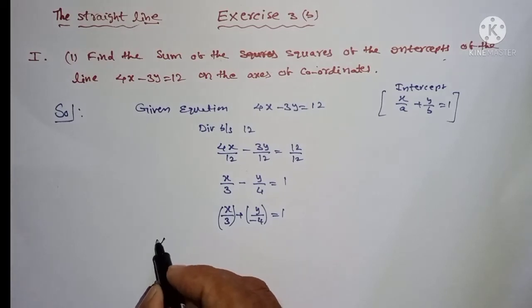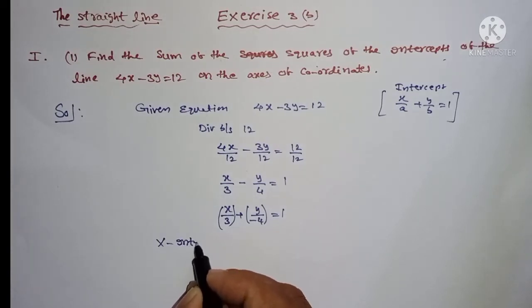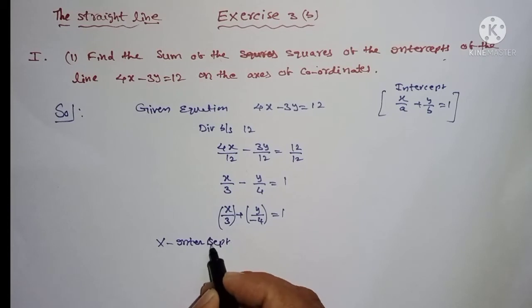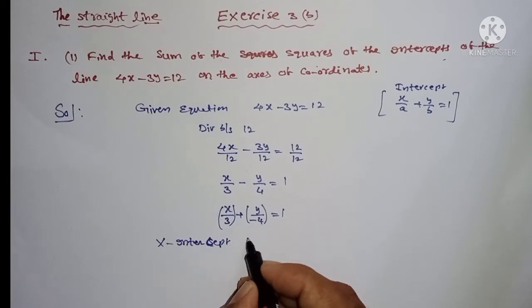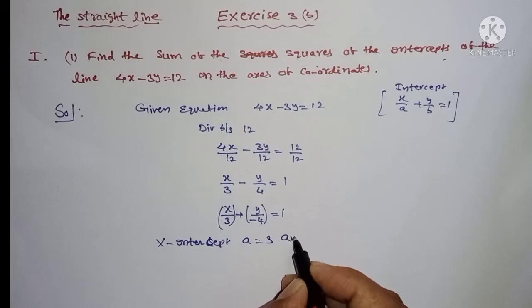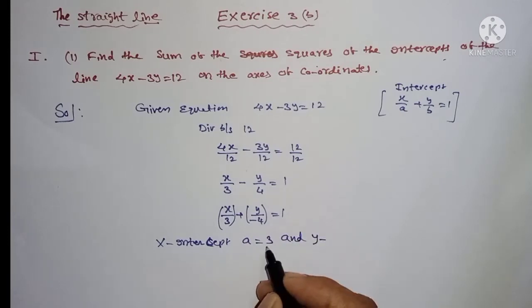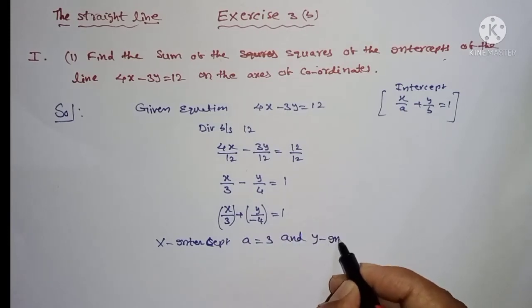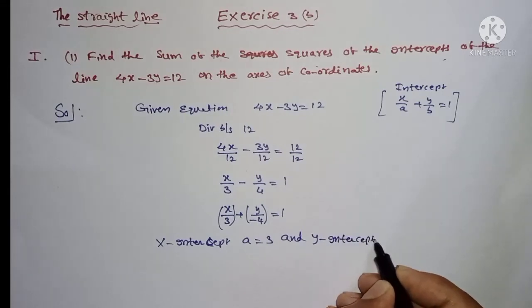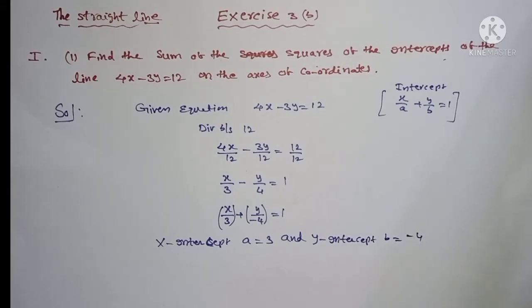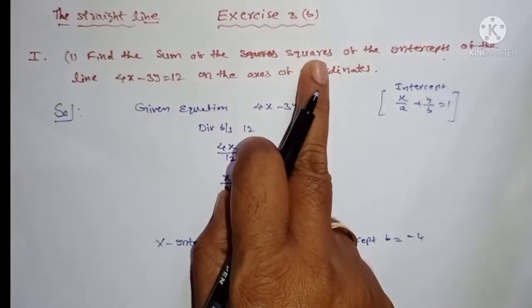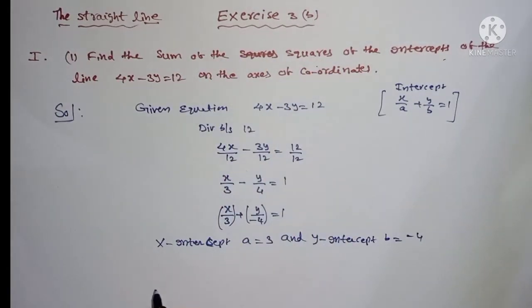Therefore, what are the intercepts? The x intercept is a is equal to 3 and the y intercept b is equal to minus 4. But it is asking for the sum of the squares of the intercepts.